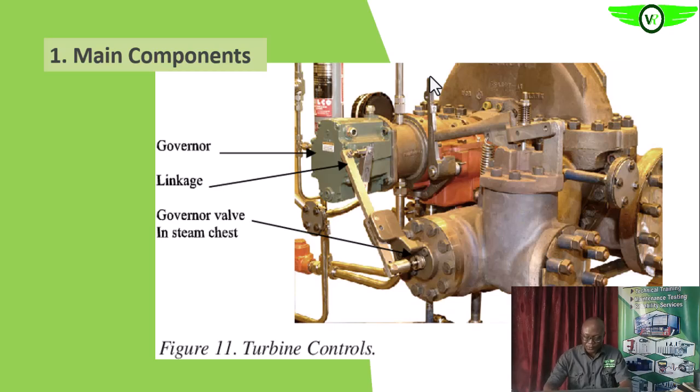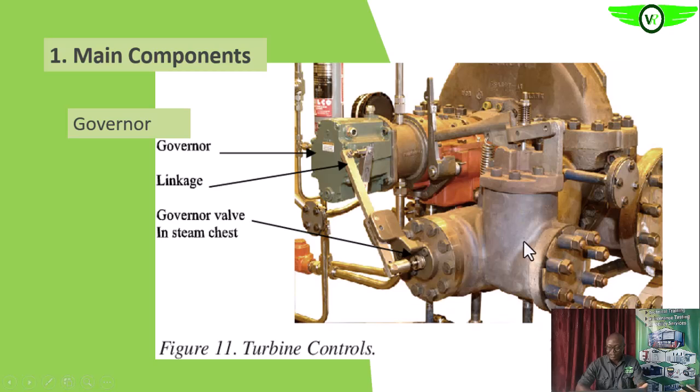So this is the governor of the steam turbine. Then you see that this is the intake of the steam. This is connected to your steam line that helps to inject steam into the steam turbine. So this is the stop valve.